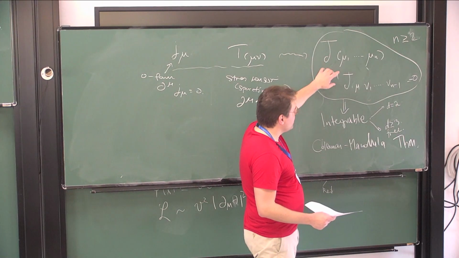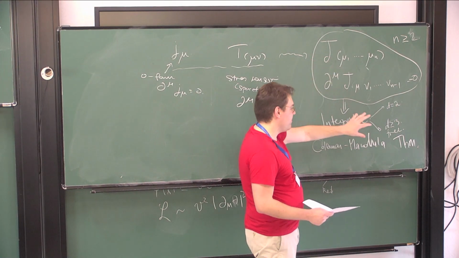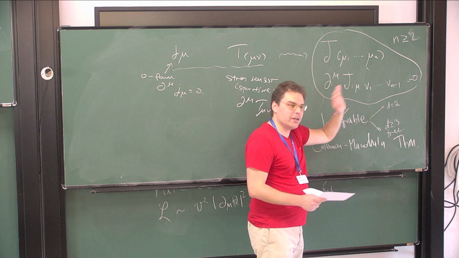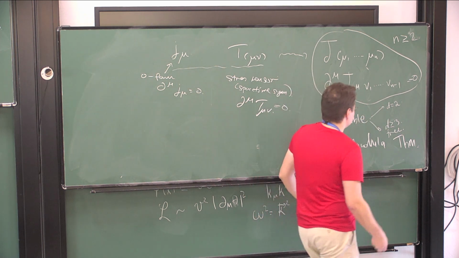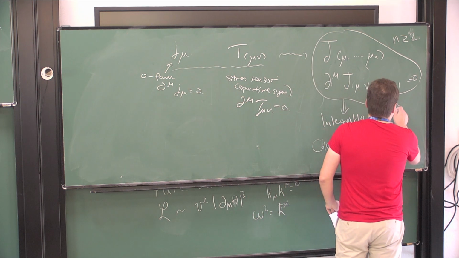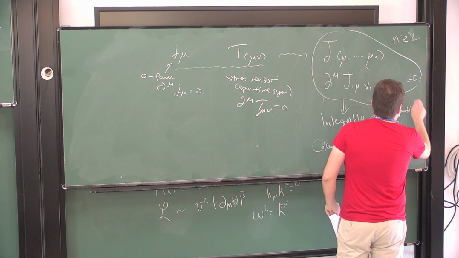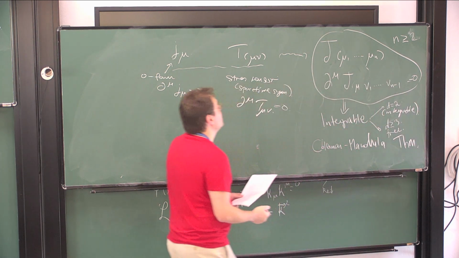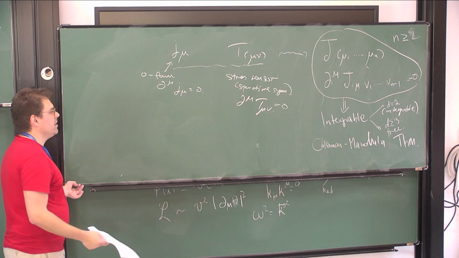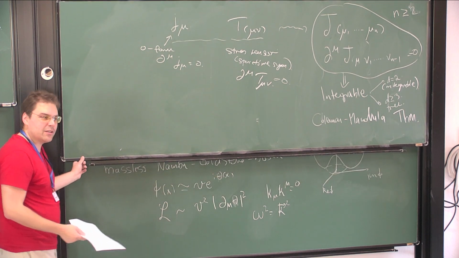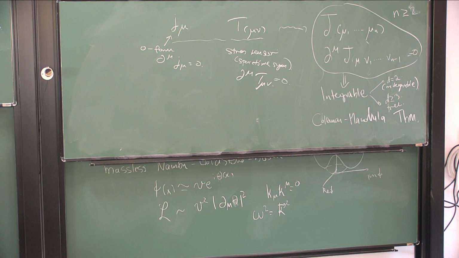There's precisely one loophole, which is factorized scattering in integrable 2D theories. So this is a very interesting path, but it's not the path we'll talk about.